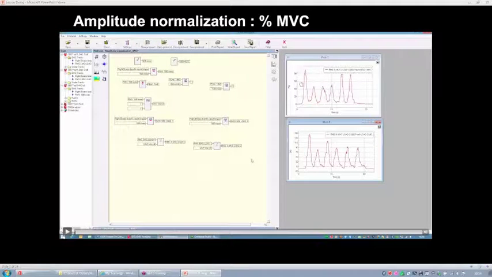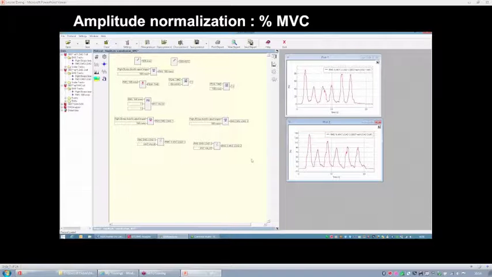So the amplitude values are below 100%. That means that we don't reach the maximum voluntary contraction value. While on the second exercise, we go above that value in some contractions. So this is just a quick example about how you can perform a computation like that by means of the EMG analyzer application.